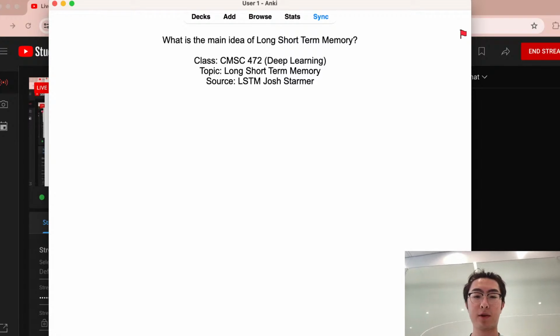You have short-term memory, which I think takes in the output of the previous neural units in a network, and then also the long-term memory, which can kind of be thought of as a conveyor belt in which you have different neural units kind of passing along data or maybe removing data from the conveyor belt itself.